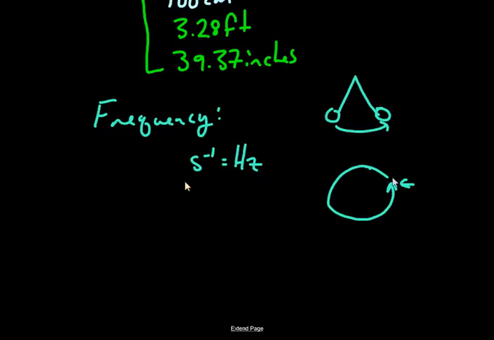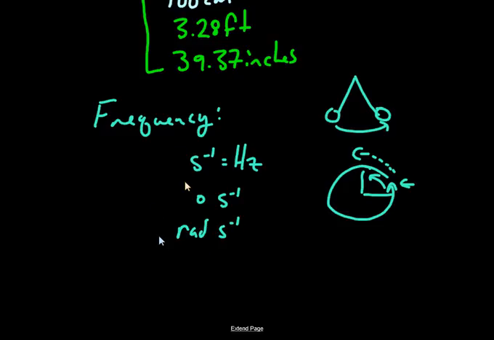You could also measure frequency in terms of degrees per second. How many degrees of the circle do we move per second? You could do angular frequency. Now, this is a little beyond where we're going, but you could figure out how many radians go by per second.